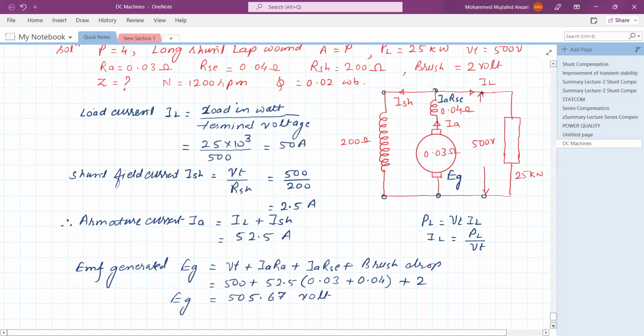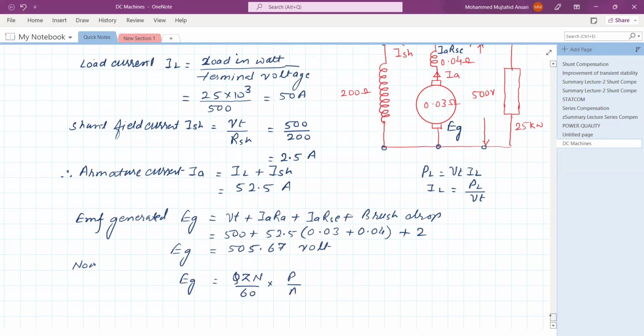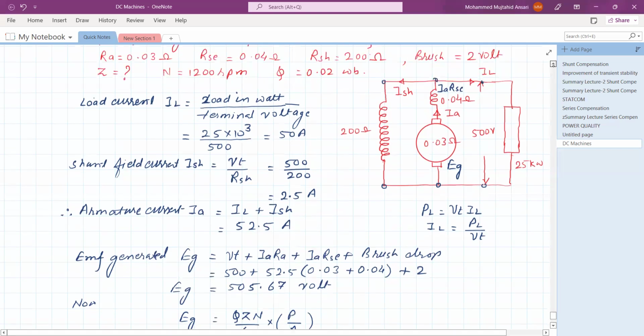Now the EMF generated EG is equal to phi Z N upon 60 into P upon A. Which type of generator is it?